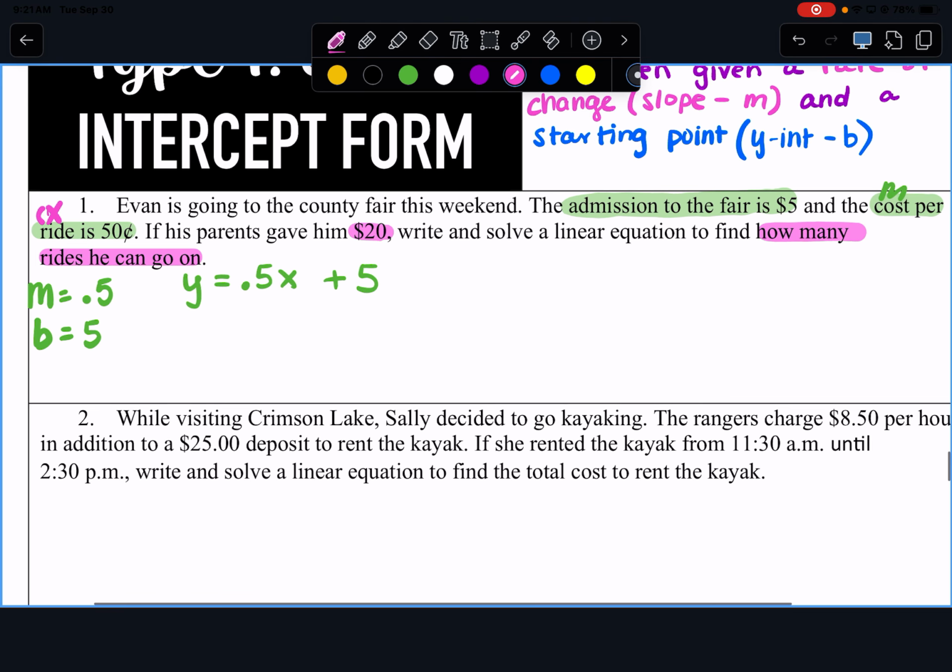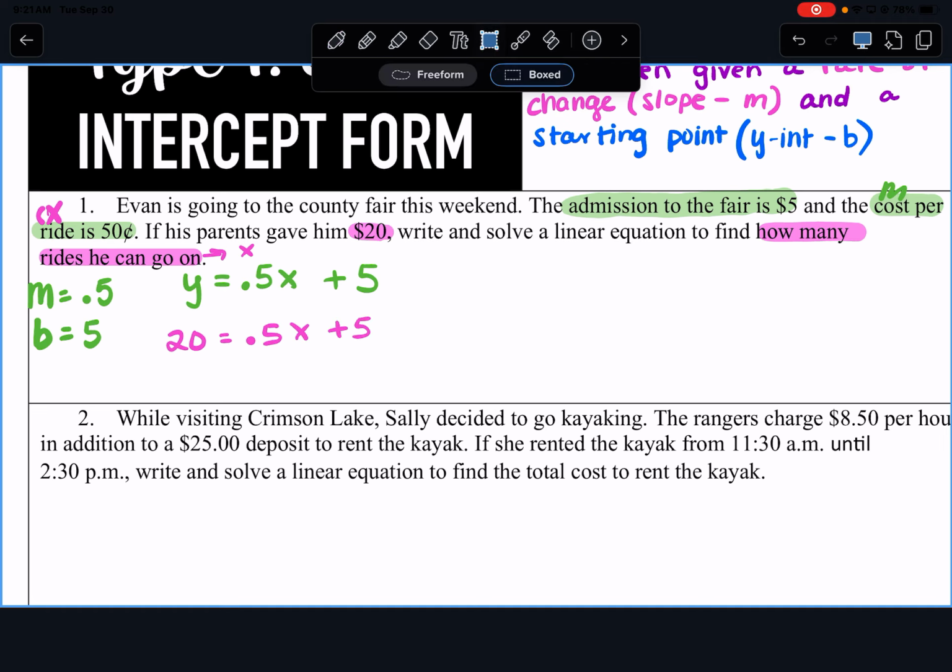So we are actually solving this to find our x variable. If I'm solving for x, where do I need to plug in 20? Y. So I'm going to do 20 equals 0.5x plus 5.